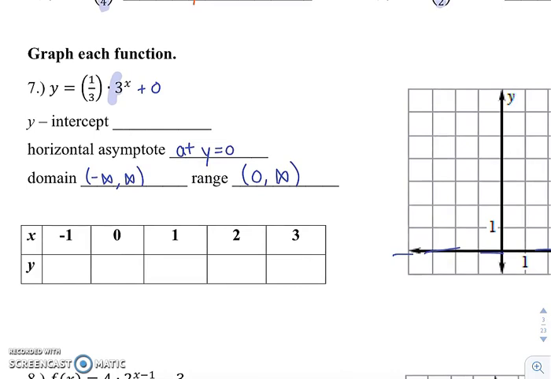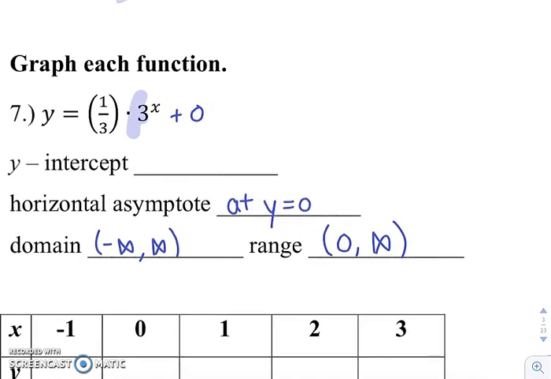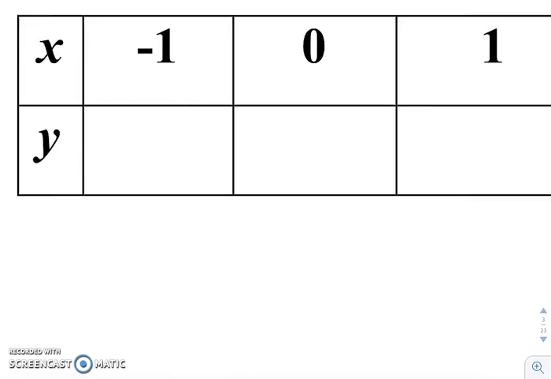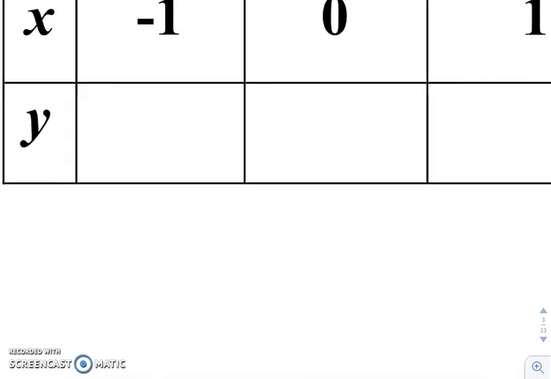So the y-intercept is when x is 0. We can plug that point into our table. I'm going to do this by hand, as this will be on the non-calculator section for you guys. So we have 1/3 times 3 to the power of x.